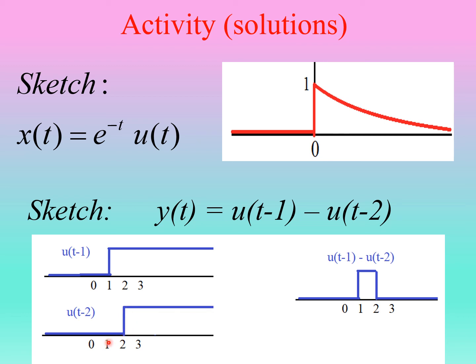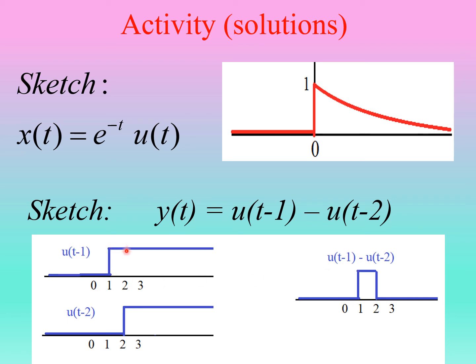If it's not clear, start on the left side, and notice we have 0 minus 0, which is 0. We keep getting 0 minus 0 all the way until we get to 1. Here we jump up: 1 minus 0 is 1, so our answer jumps up to 1.